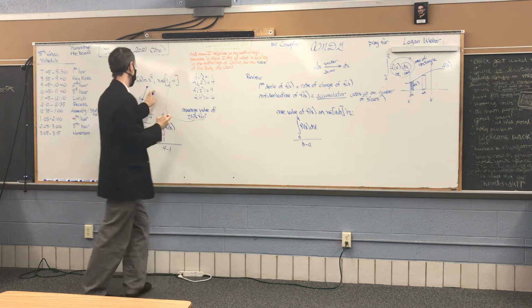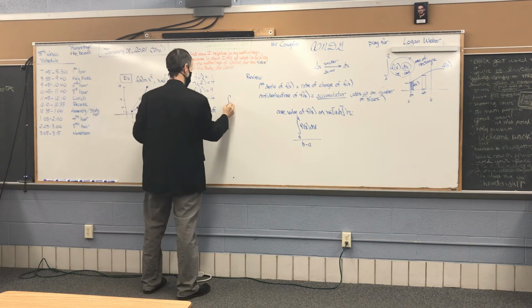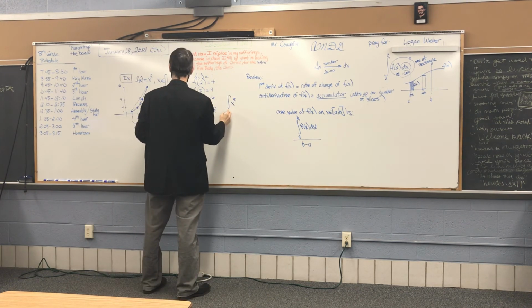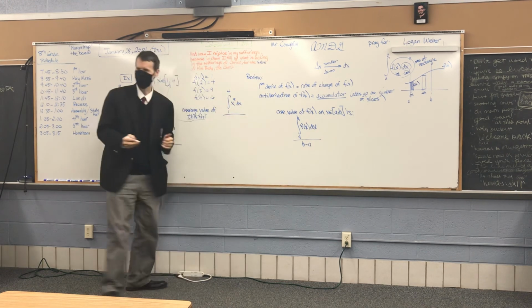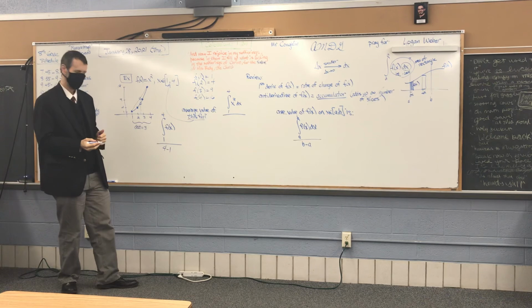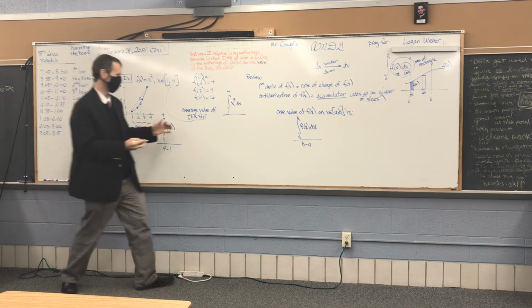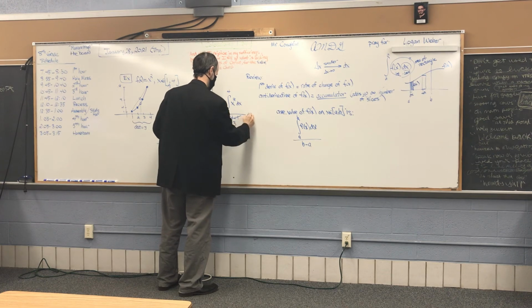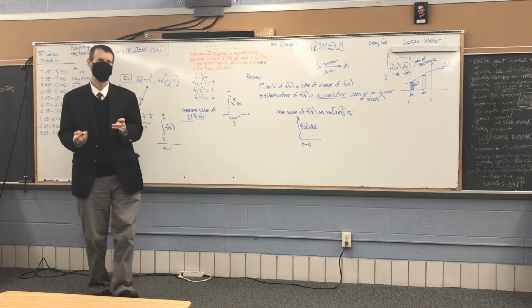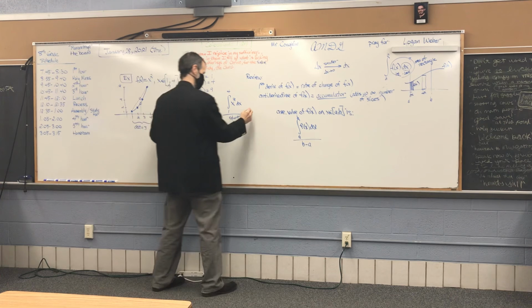I want to take the antiderivative of x squared from 1 to 4 dx, and then divide by what? You tell me. 3. Yeah, 3. 4 minus 1, better known as 3. Somebody do the antiderivative for me. 1/3 x cubed. Right.